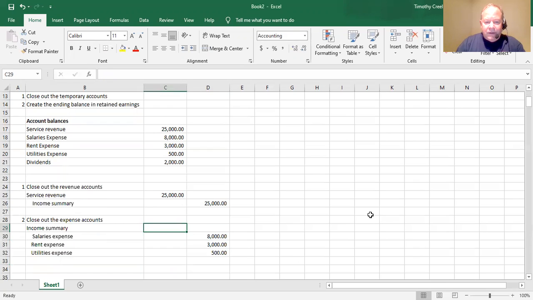And so our total to income summary is going to be for $11,500. So we've now closed out all of the expense accounts to income summary.